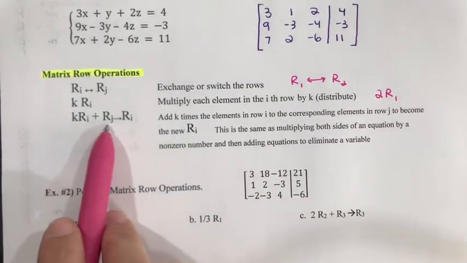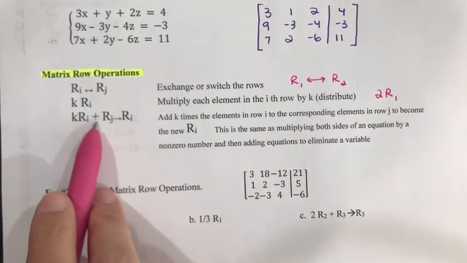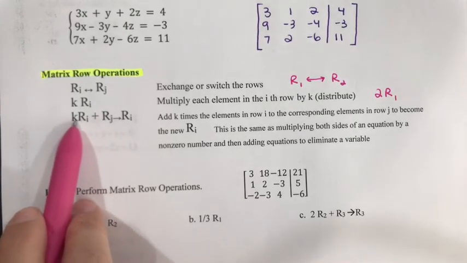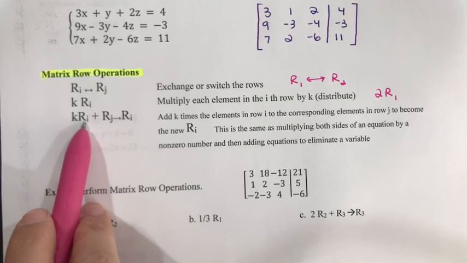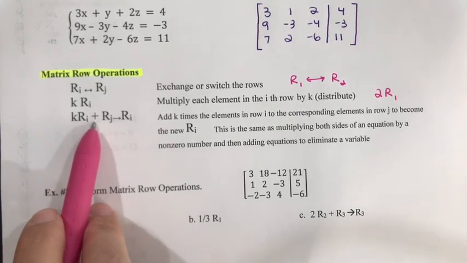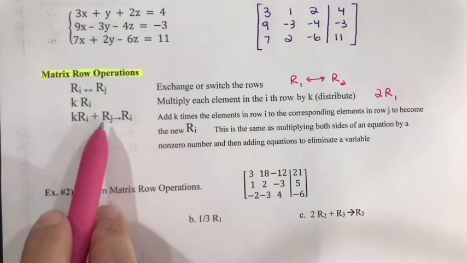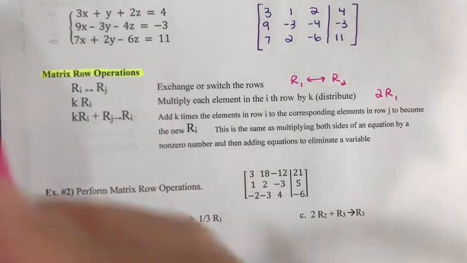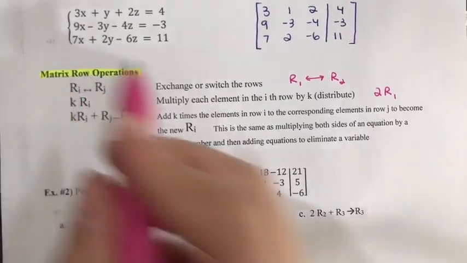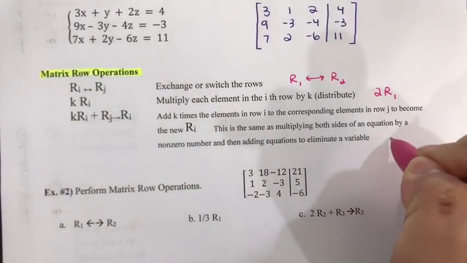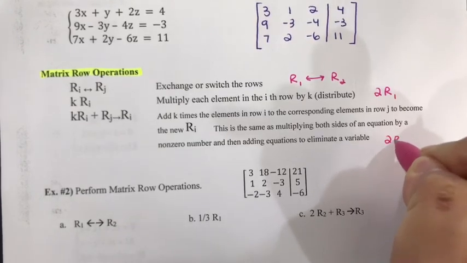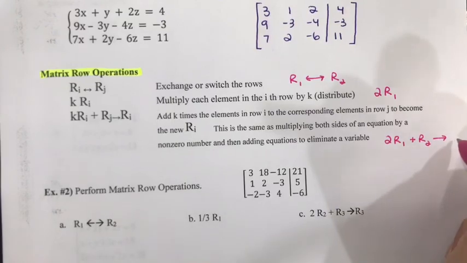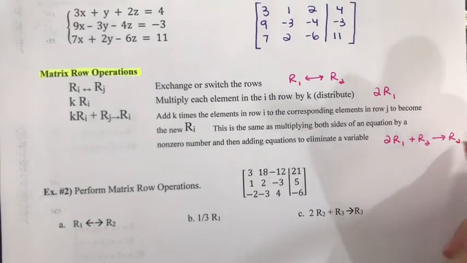And our last scenario looks something like this. K times R sub i means you're multiplying k times the first row and adding it to the elements in the second row. So for example, let's say I have 2R1 plus R2, and that turns into R2.